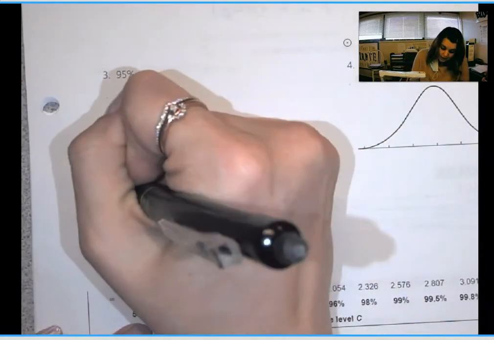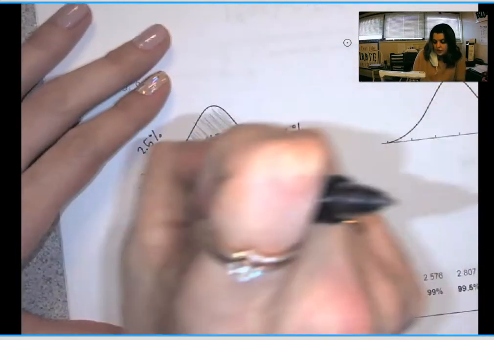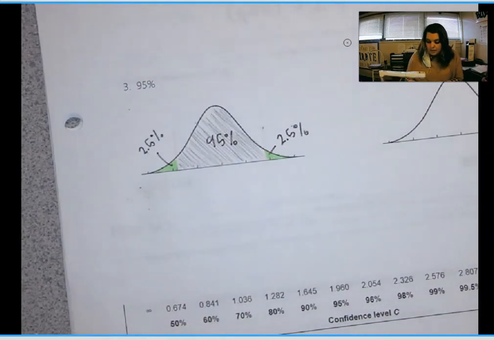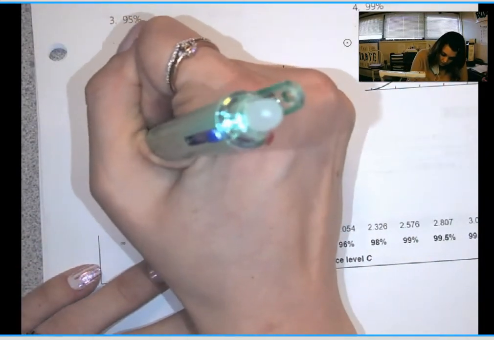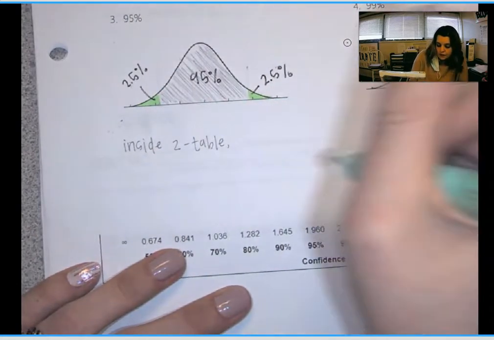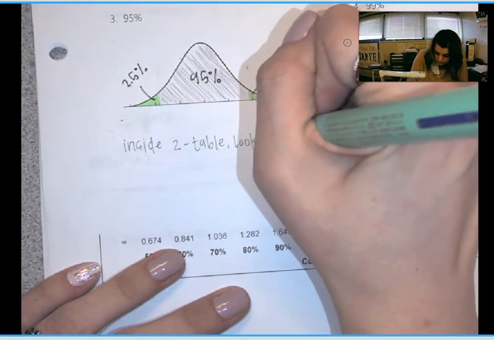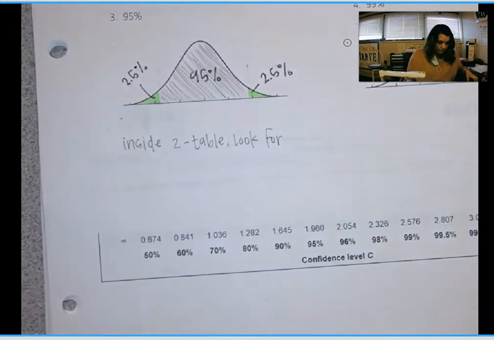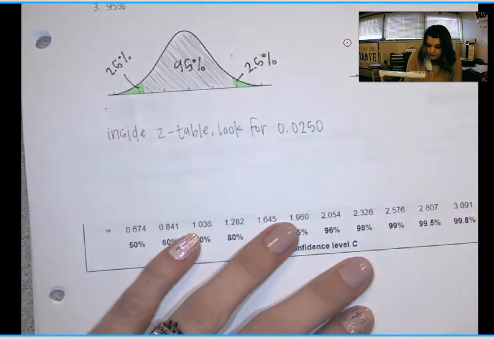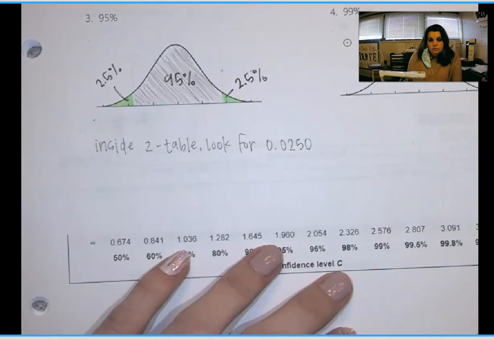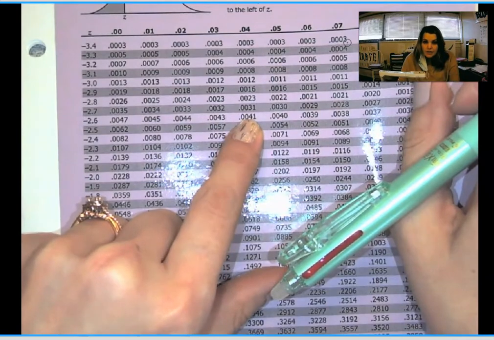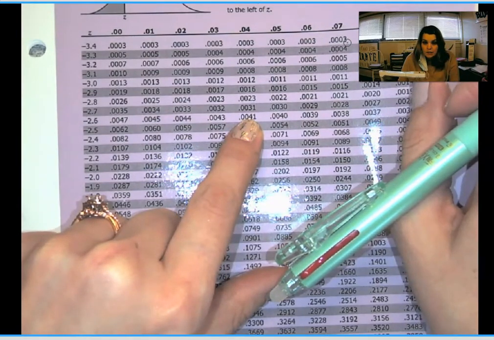I need to go inside my z table and look for 0.0250, because all of the areas inside your z table are written to 4 decimal places.